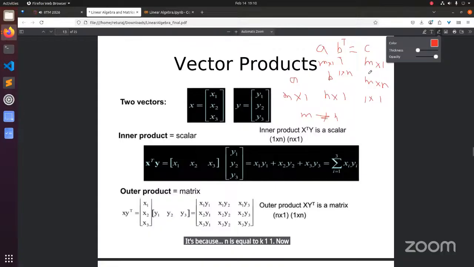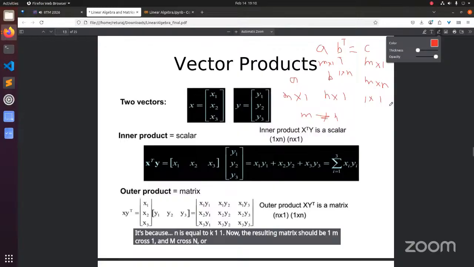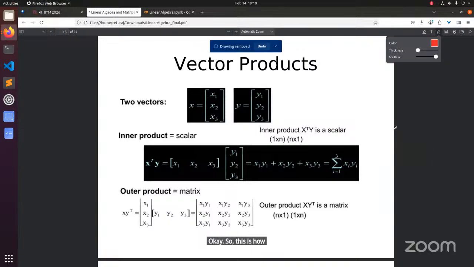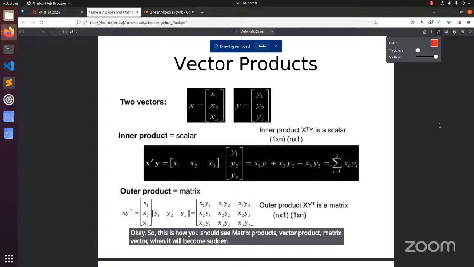Now the resultant matrix should be M cross N. So whoever said M cross N is the correct answer. Okay? Everyone is able to follow, right? So this is how you should see matrix product, vector product, matrix vector, and when it suddenly becomes a scalar and all those things.